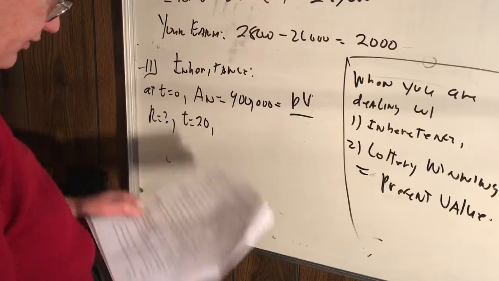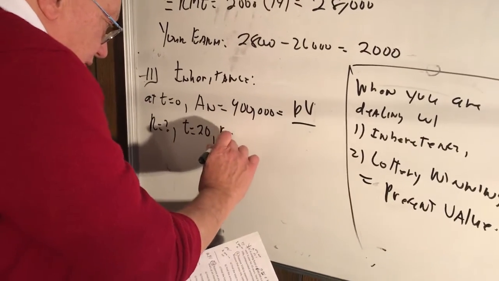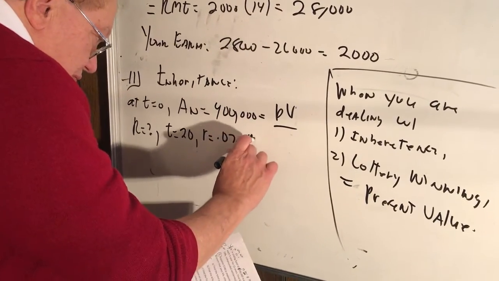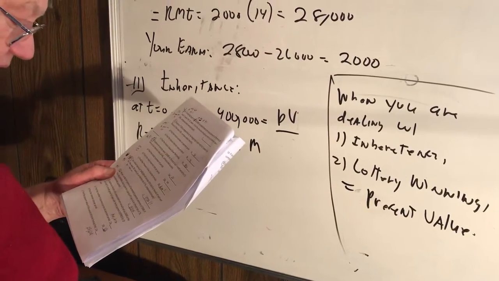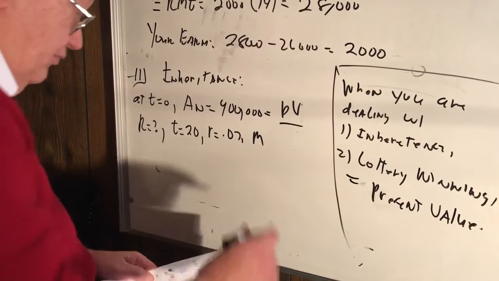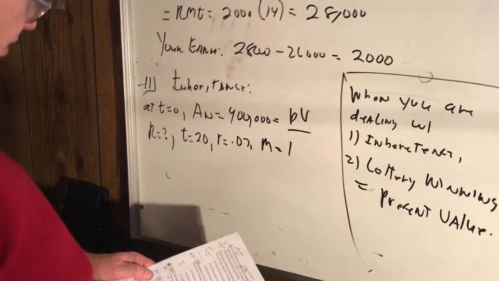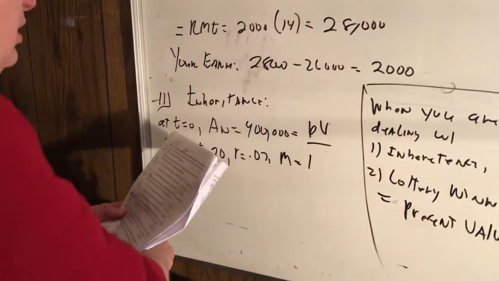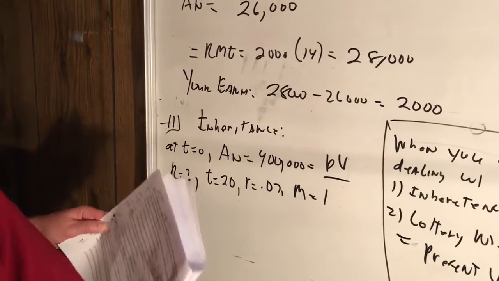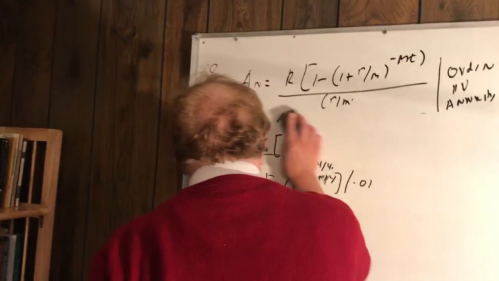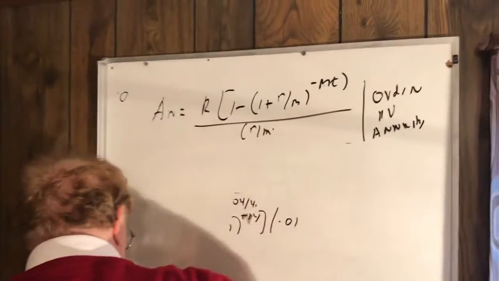Okay, the interest rate, R, is 0.07. And M is going to be compounded annually. So, all right, so I want to find R here. So since we're talking about present value, we're going to use the same equation.